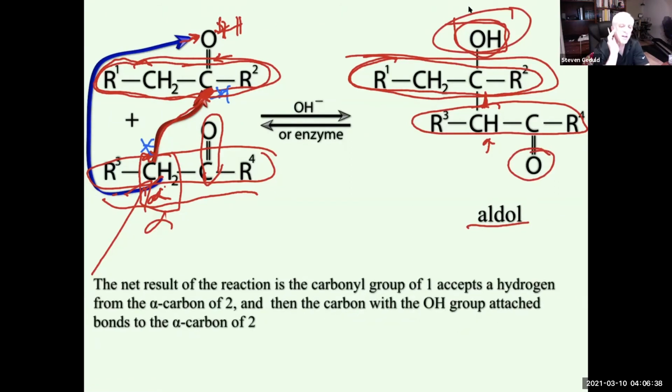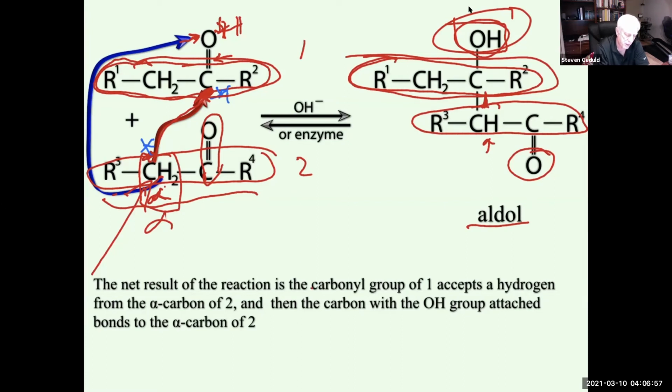Okay, so the net result of the reaction is the carbonyl group of 1. We're going to call this one number 1, this one number 2, just for fun. The carbonyl group of number 1 accepts a hydrogen from the alpha carbon of number 2. That's the important step.